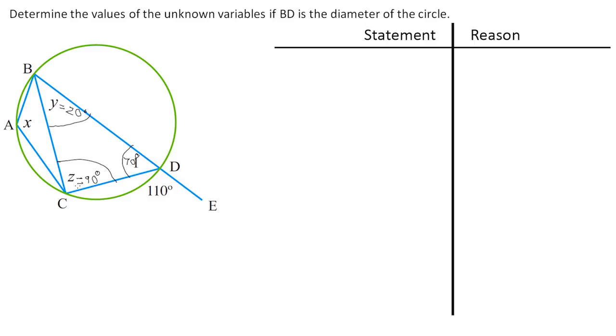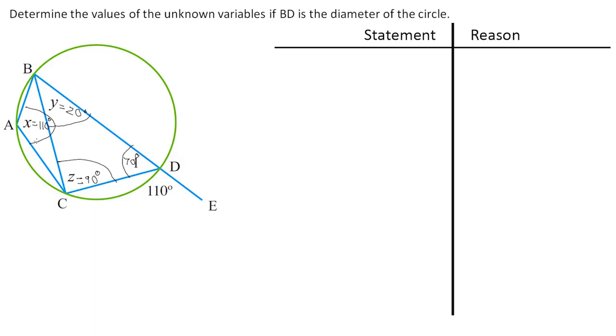What do we know about cyclic quads? The exterior angle is equal to the opposite interior angle. That means x should be equal to 110 degrees. Now we have answered the question, and now we're just going to write it in a proper format.